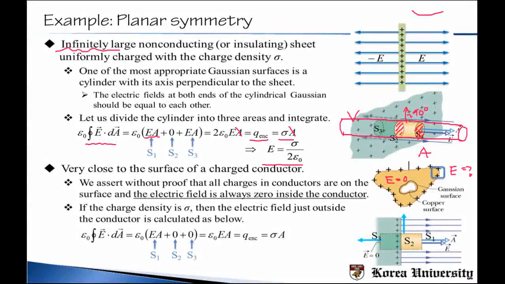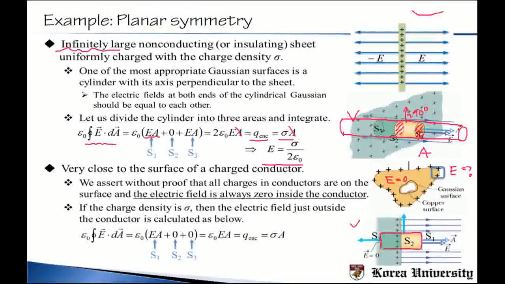So we are thinking about the electric field right outside the conductor. And again, if you are very close, this small piece of area will look almost flat. So we can draw the figure this way. And then again, we are thinking about a Gaussian surface, which looks the same as in the previous case of the insulator.